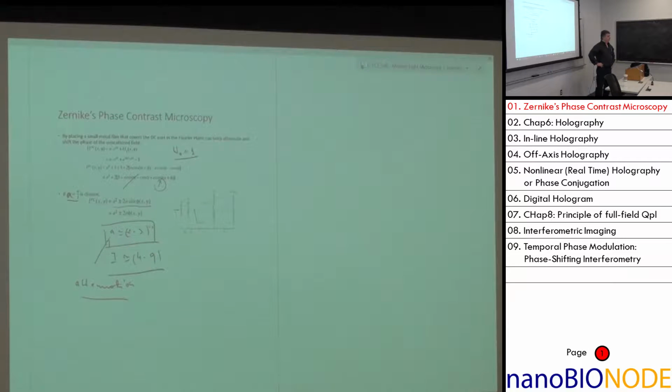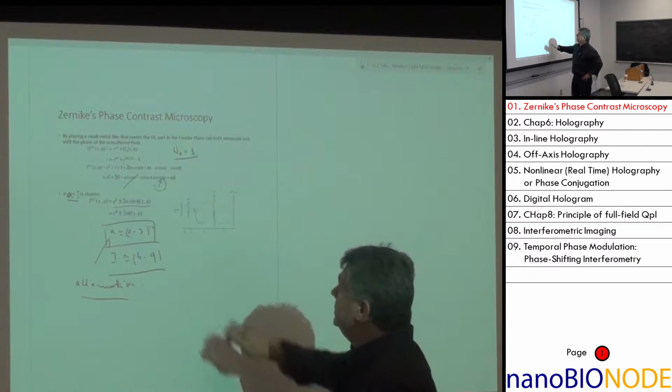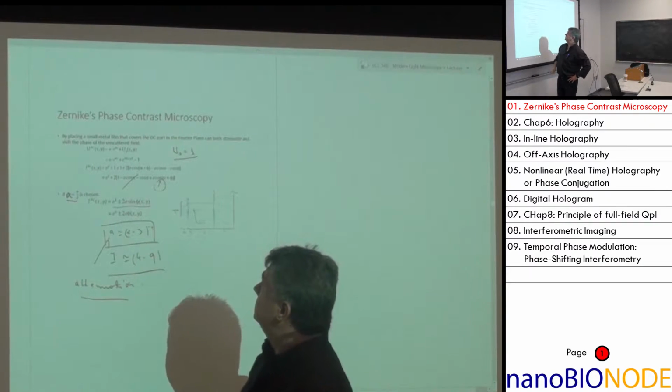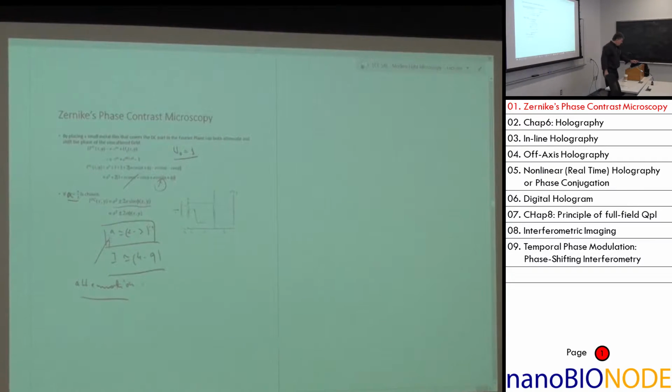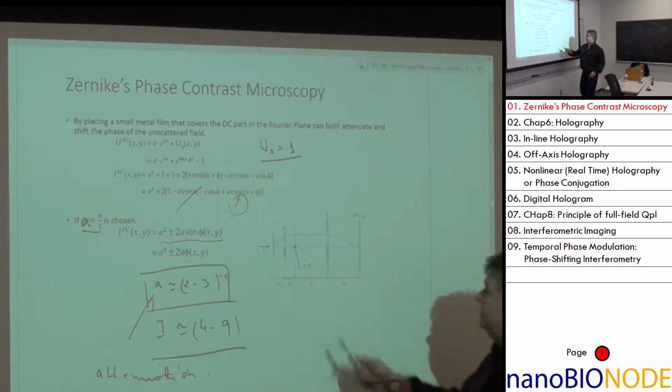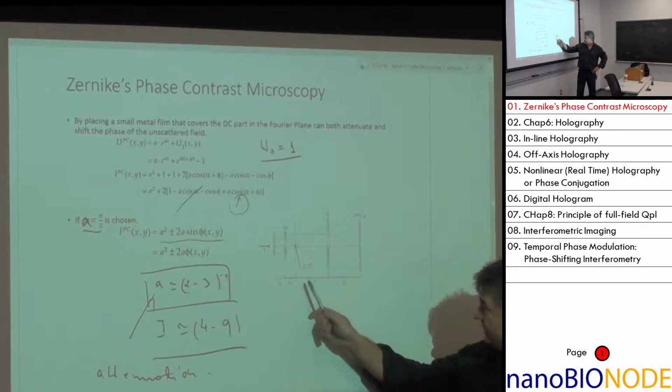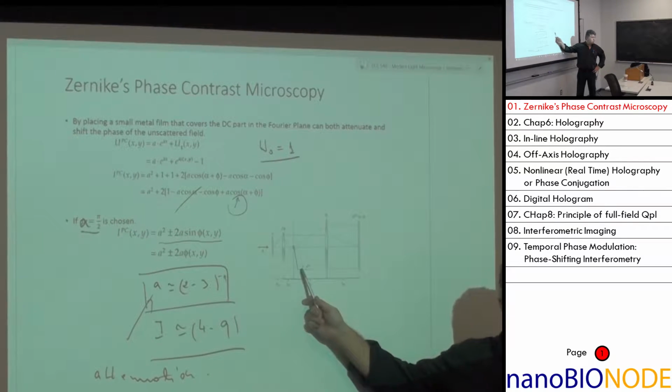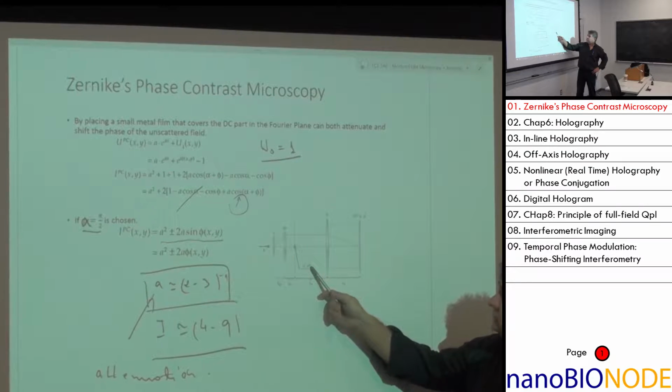Why don't you put A up in the exponent instead? Well, the filter does two things. It attenuates according to A, and the phase shifts according to alpha.